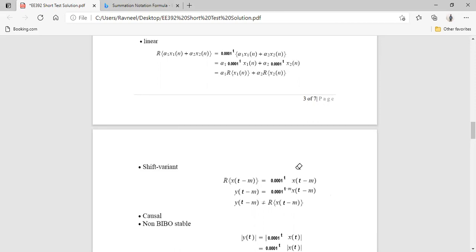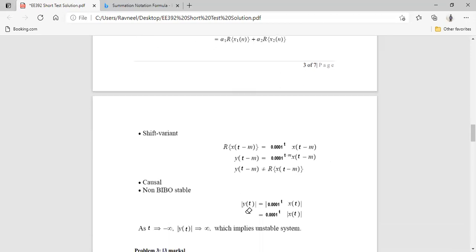This is what we get as our output. But if we introduce a shift in our output, the whole formula can be rewritten as 0.001 (t minus m) x of t minus m, right? We can see both of these are not equal. When we introduce a shift in our input, we get a different value. When we introduce a shift in our output, we get a different value. If both the values are different, that means our system is shift varying, right?